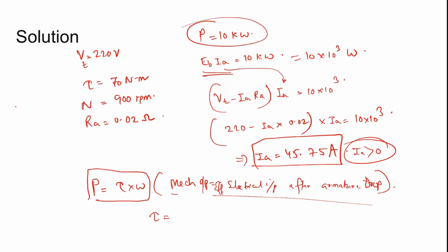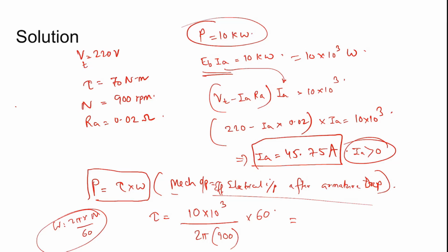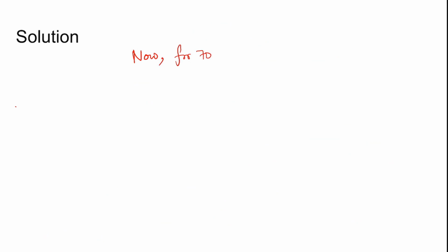So the torque is coming out to be 10 into 10 to the power 3 divided by 2 pi into 900 rpm into 1 by 60, because omega is 2 pi into n by 60. So we are getting the torque to be 106.15 Newton meter. For 70 Newton meter torque, Ia is being asked.